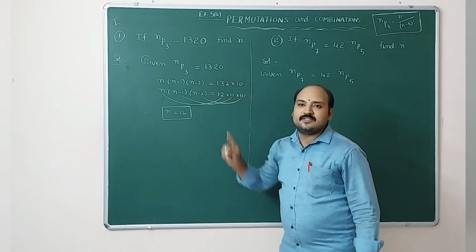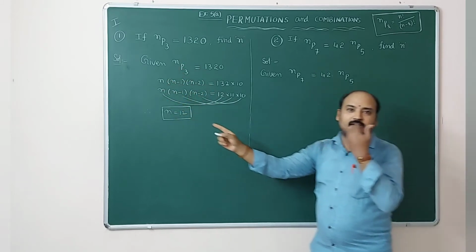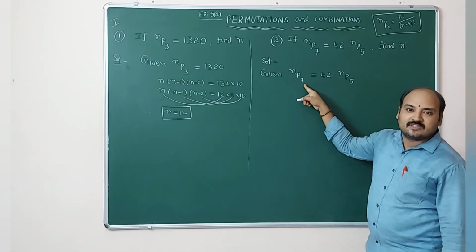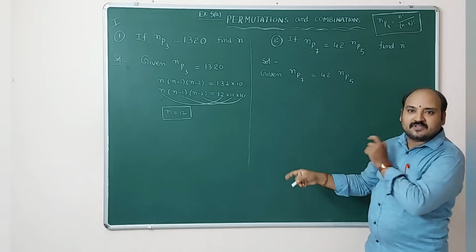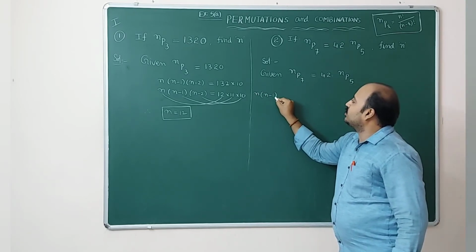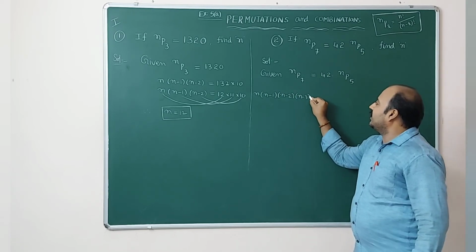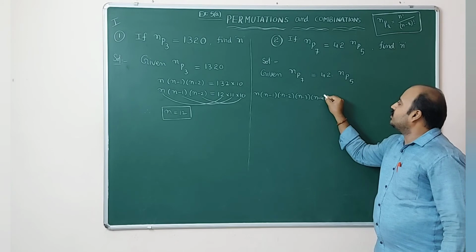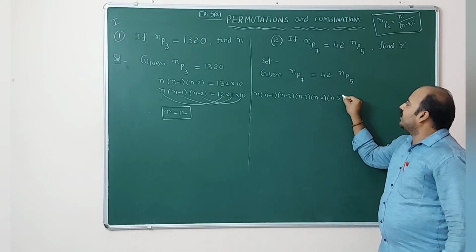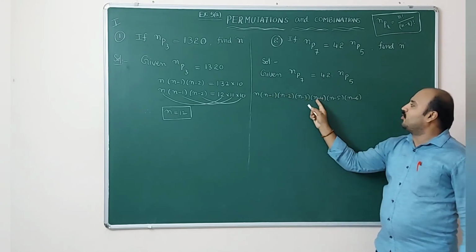Here nP3 means the product of 3 terms including n in decreasing order. Here 7 is there, so including n, the product of 7 terms: n into n minus 1 into n minus 2 into n minus 3 into n minus 4 into n minus 5 into n minus 6. That is 1, 2, 3, 4, 5, 6, 7.